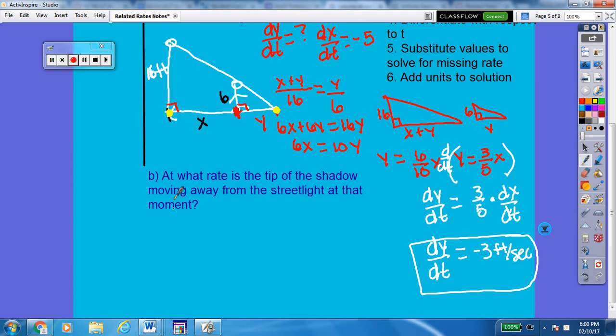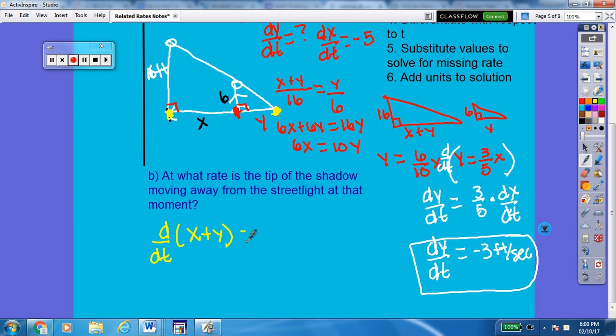So if you want to know how fast the tip of the shadow is approaching the street lamp, all you've got to do is add the rate of change of x plus the rate of change of y, because that's the rate of change of the whole thing. In other words, take the derivative in terms of time of x plus y.